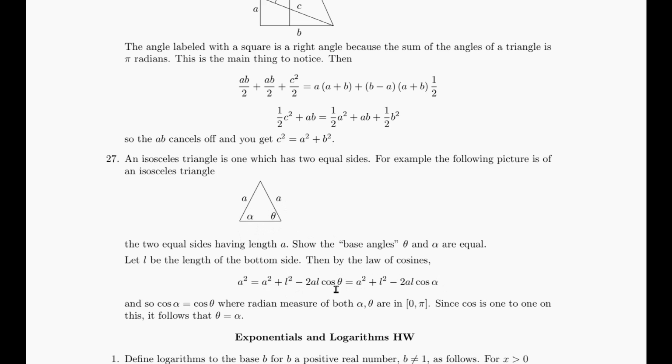So all this stuff cancels off, and that tells me the cosine of alpha is the cosine of theta. Now, here's the thing. These are angles in a triangle. And so these angles are both in the interval from 0 to pi, on which cosine is 1 to 1. So it follows that theta is equal to alpha. And that completes the material on the circular functions in Chapter 2.